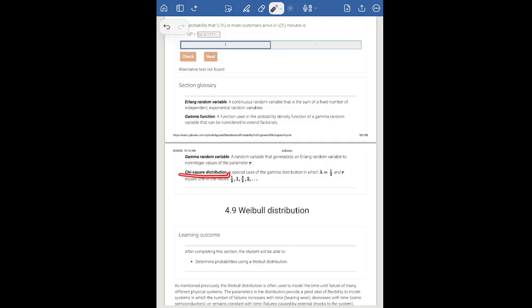And the chi-square distribution, again, is a special case of this gamma distribution where you have lambda equal to 1/2, and you have positive whole number multiples of 1/2. So 1 times 1/2, 2 times 1/2, 3 times 1/2, 4 times 1/2, and so forth.